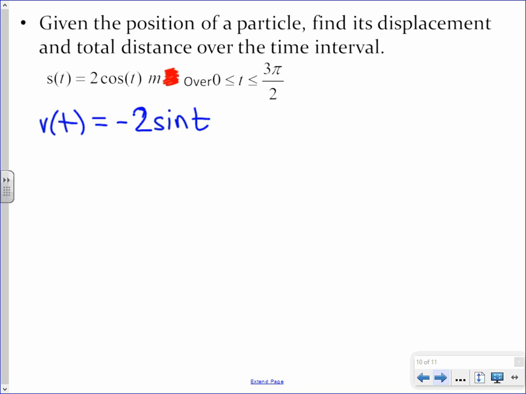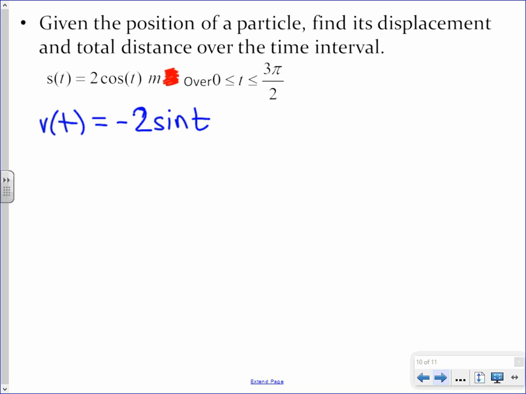Yeah, it's not that. We're taking the derivative. From position to velocity, we're taking the derivative. So there's no plus c, right? And the derivative of cosine should be negative sine, correct? Okay, I know, we gotta get all of our patterns straight, right?